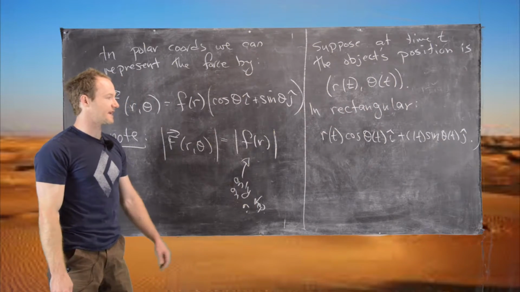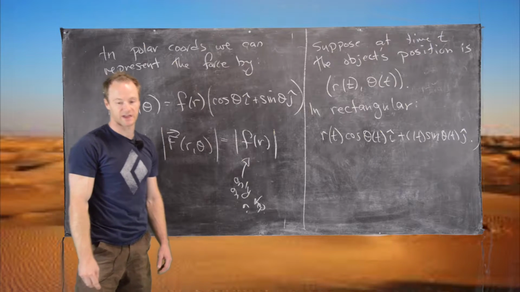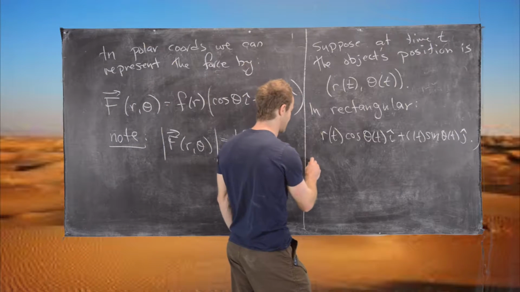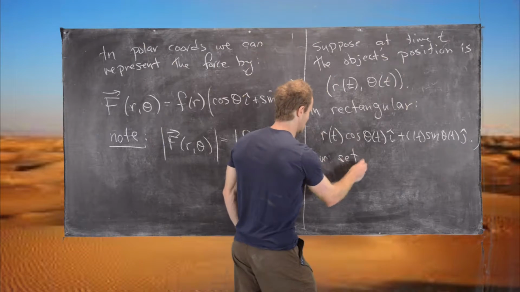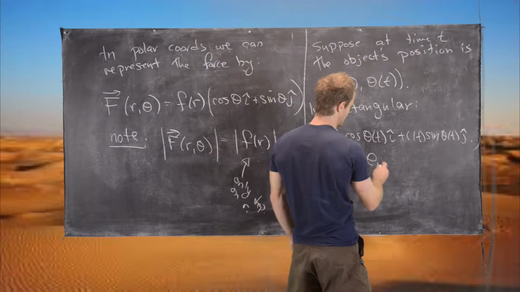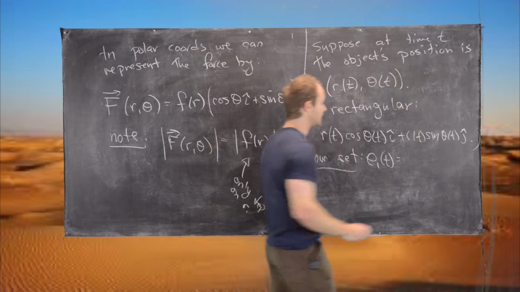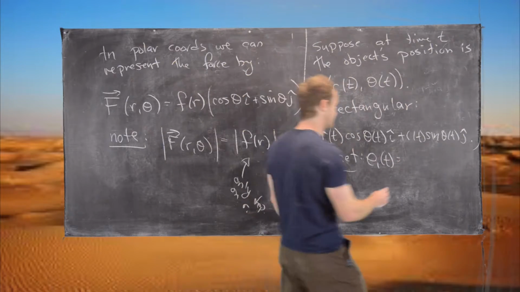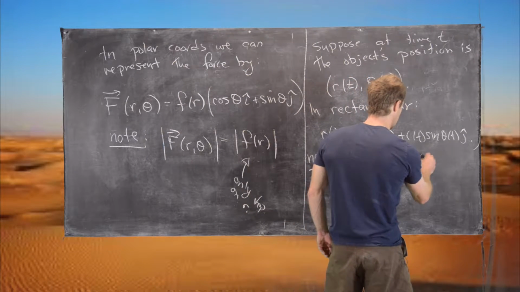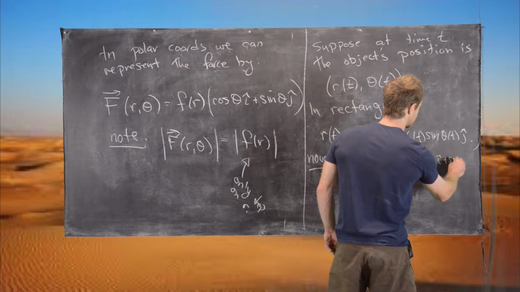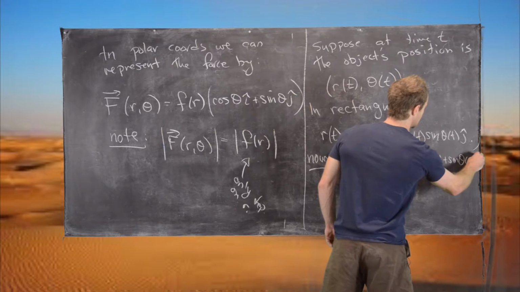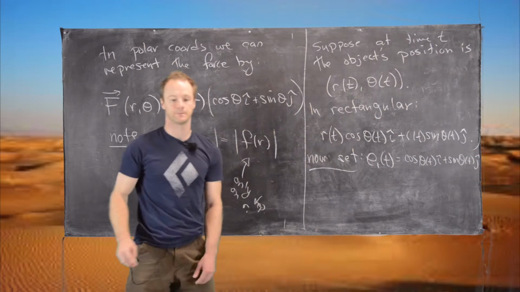Now we want to set some notation which will simplify some of the calculations. So we set E1 of t to be equal to cosine theta of t in the i direction plus sine theta of t in the j direction.